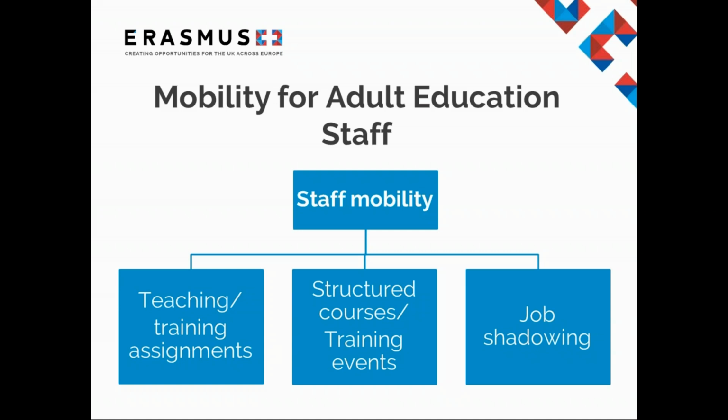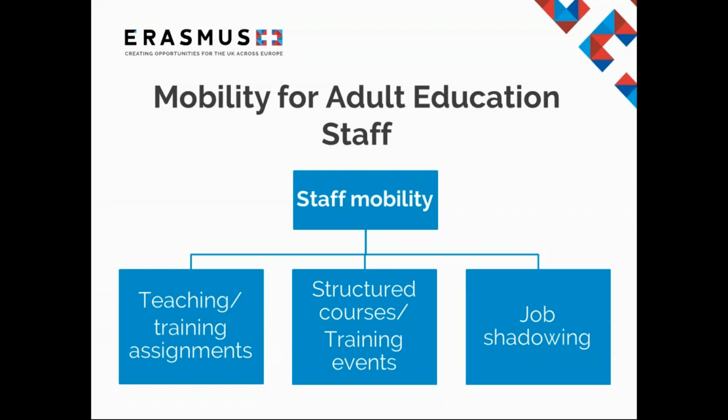Mobility activities can last from 2 days to 2 months, excluding travel time, and the days of mobility must be consecutive. Funding can be used to support staff engaged in adult education activities, including support staff, managers, and guidance staff, as well as teachers and trainers.